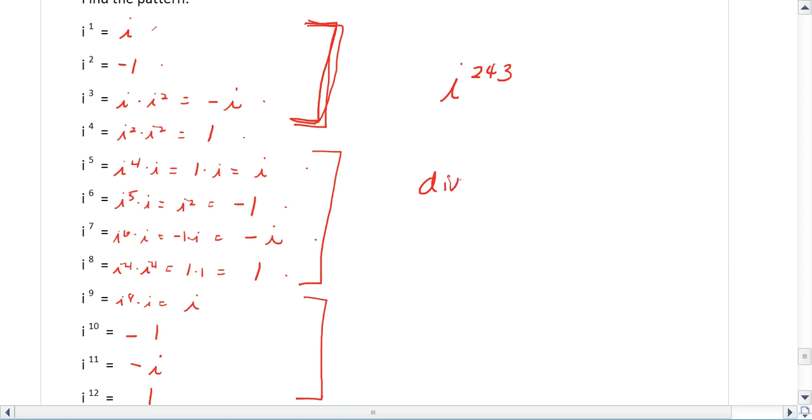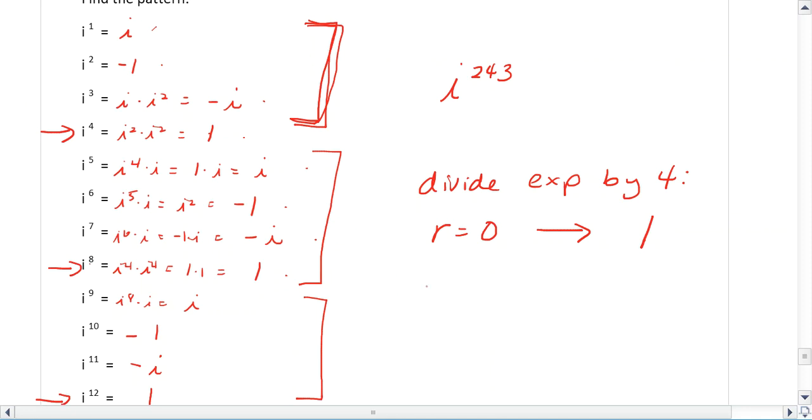So if we divide the exponent by 4 and then observe the remainder, if the remainder is 0, the answer is 1. Like 4 divided by 4 is even, so it's 1. 8 divided by 4 is even, so that's 1. The answer is 1, which we notice here in my i to the 4th and my i to the 8th and my i to the 12th. Whenever it divides evenly, the answer is 1.